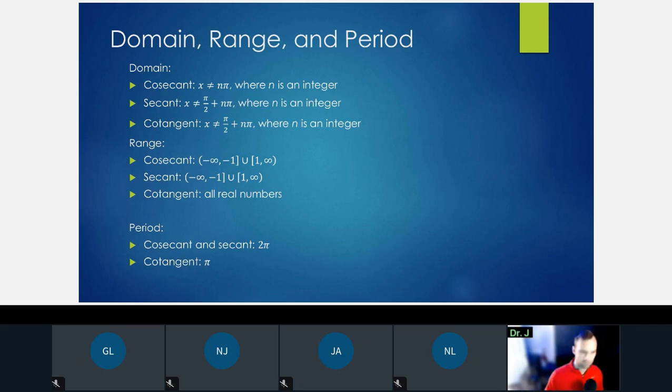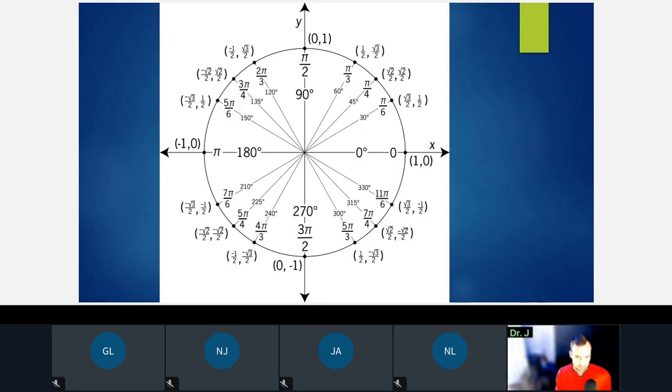So we know that cotangent is x over y. So we cannot have y to be 0. And y is 0 at 0 degrees and at 180. So 0 and pi.